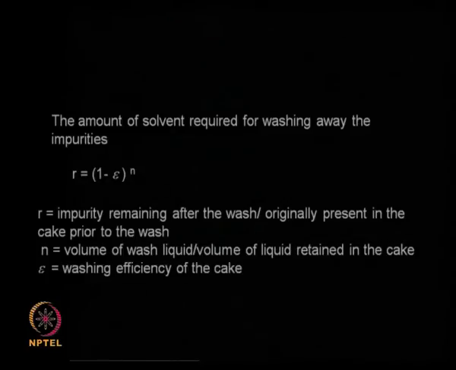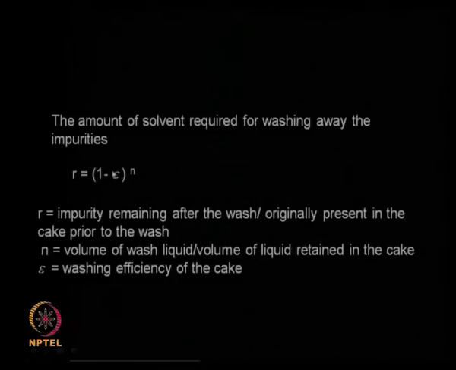So this relationship says R is the impurity remaining after the wash divided by the impurity originally present in the cake before the wash. R is equal to 1 minus epsilon, raised to the power n.